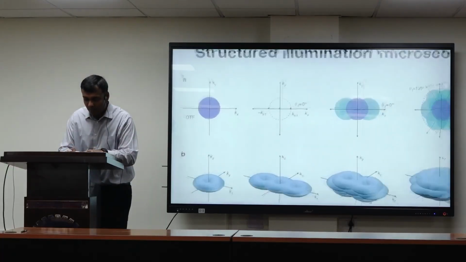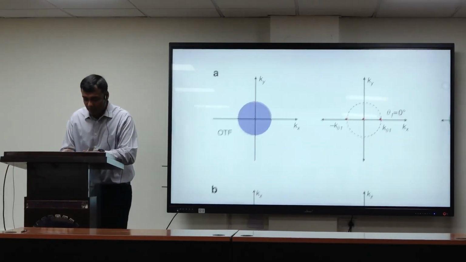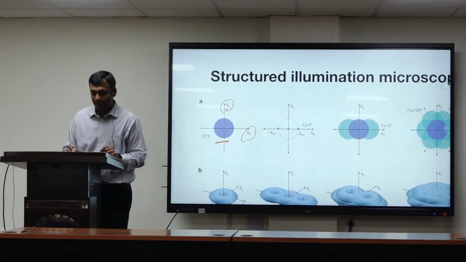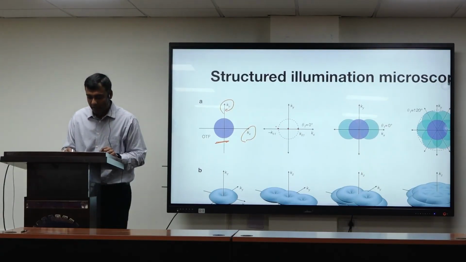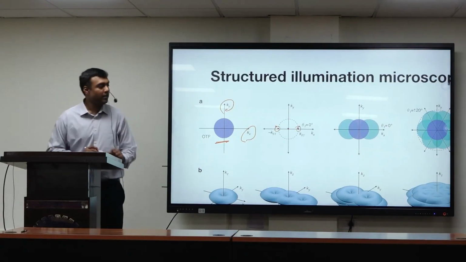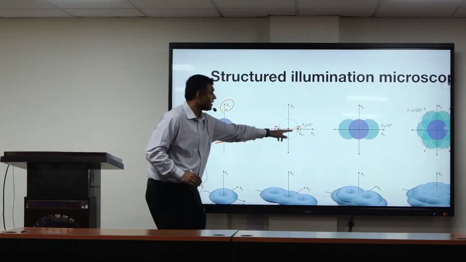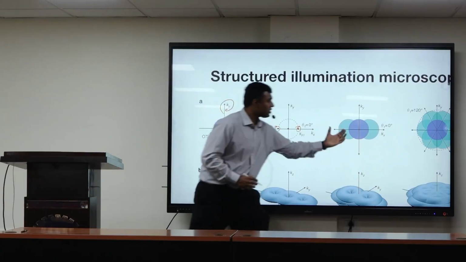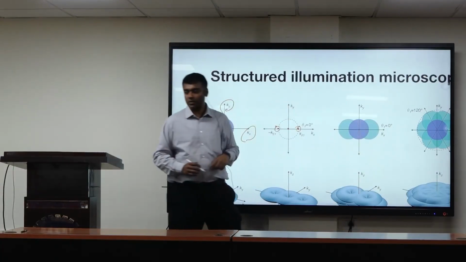In the Fourier domain, in the kx-ky domain, say you have an object like this. The cosine function is like two delta functions over here. So when you multiply the object by this, it gets shifted to the right and shifted to the left.